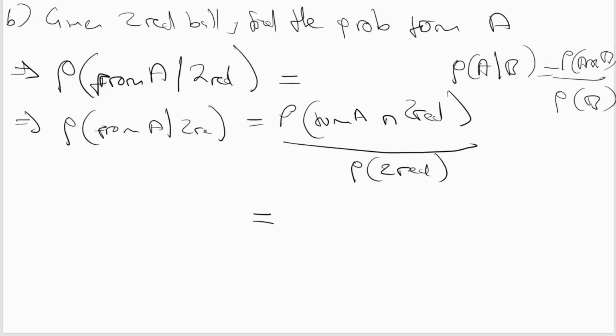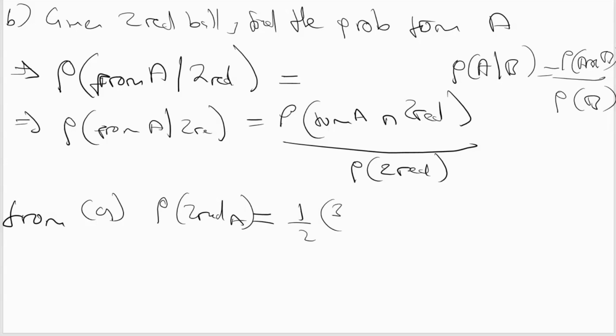So let's say from part A, we know that the probability of 2 red that are from A is equal to 1/2, 3/5, and 2/4, which equals 6/40.